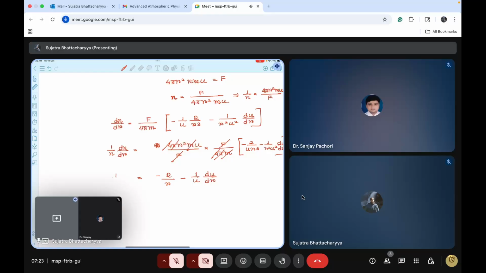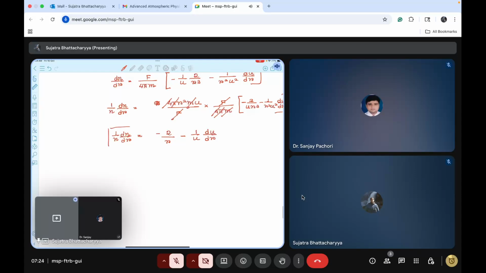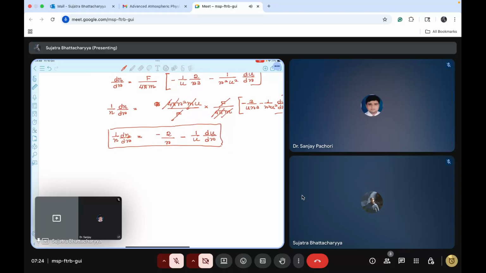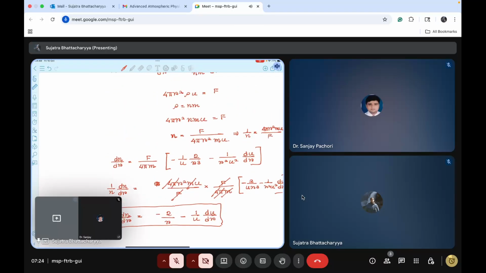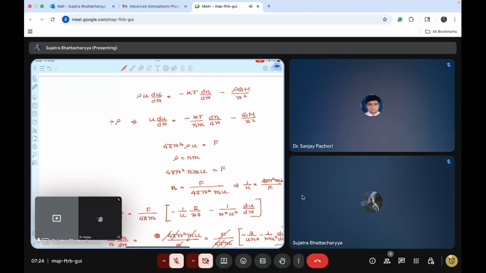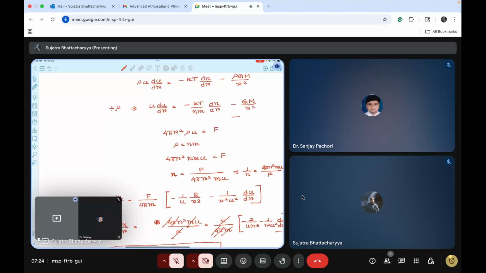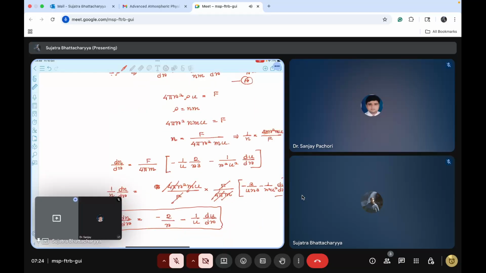This is what you will get as the expression of 1 by n dn/dr. This is perfect. This is matching with whatever is there in the lecture notes in the NPTEL.